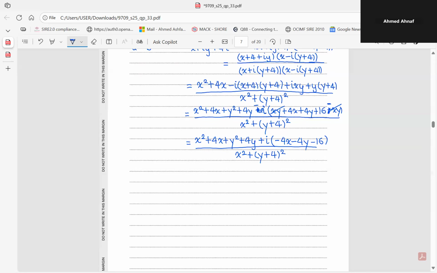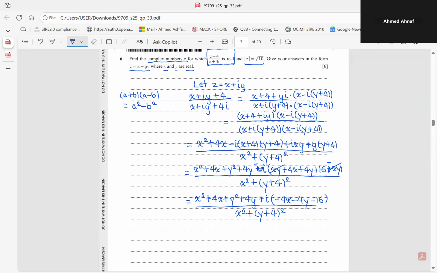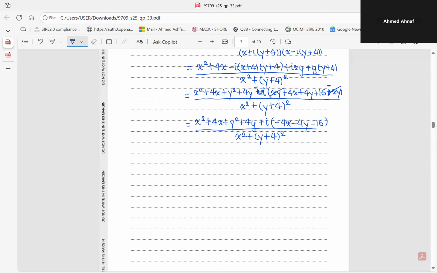Okay, and now we're going to split this up. We're going to split the real and imaginary terms. So this would give us x squared plus 4x plus y squared plus 4y over x squared plus y plus 4 squared, plus i times minus 4x minus 4y minus 16 over x squared plus y plus 4 squared.